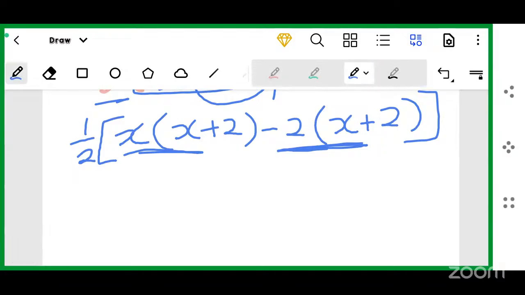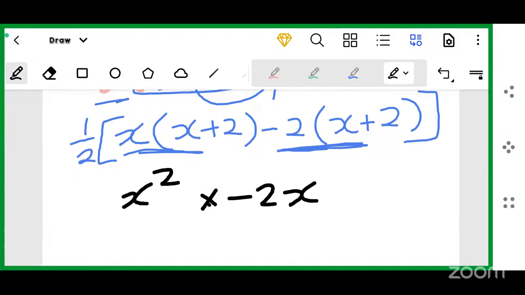We are going to write x times x equals x to the power of 2, and then negative 2 times x equals negative 2x.